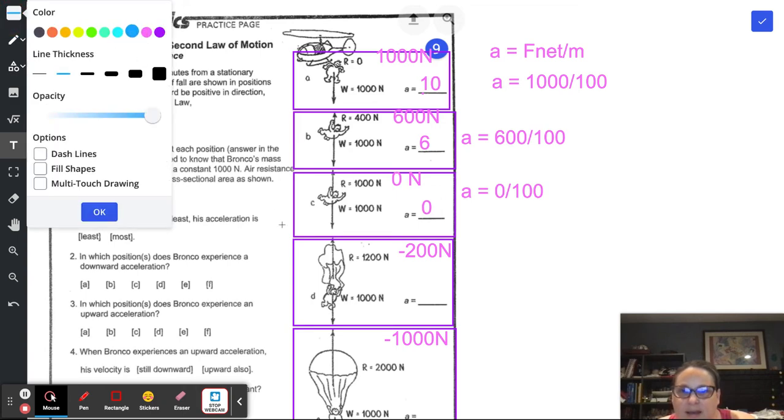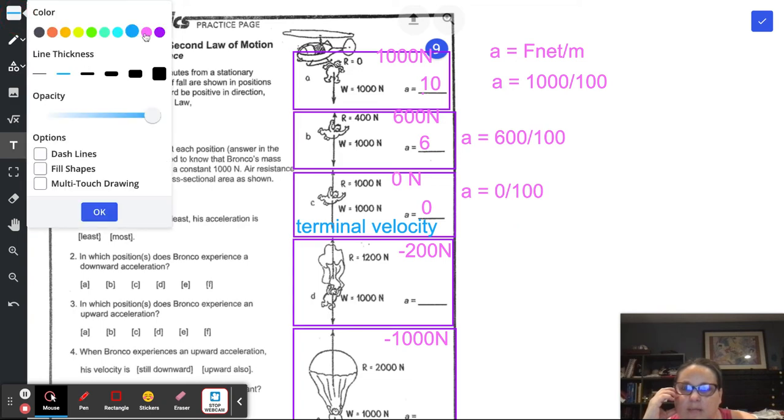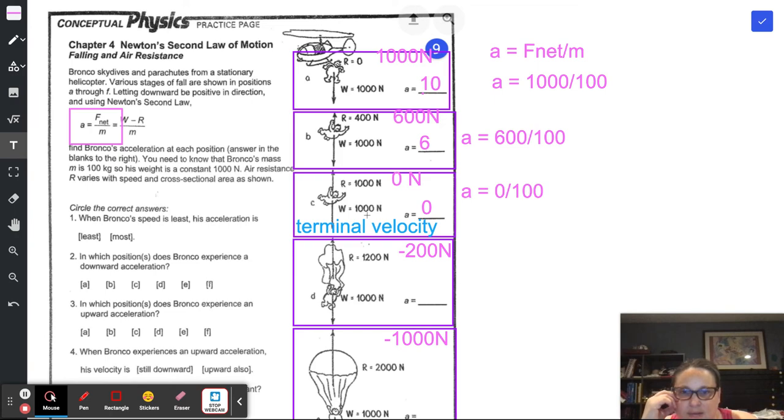There's a fancy name for this particular scenario, and that is terminal velocity. Terminal velocity occurs when the falling object is no longer accelerating, and that would be the situation right here.